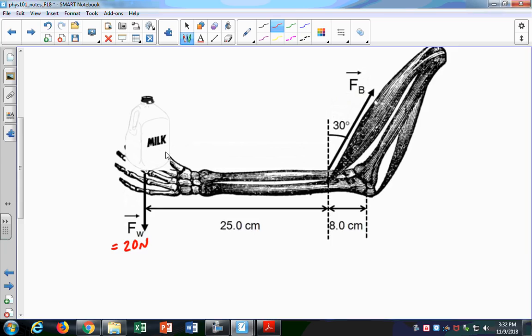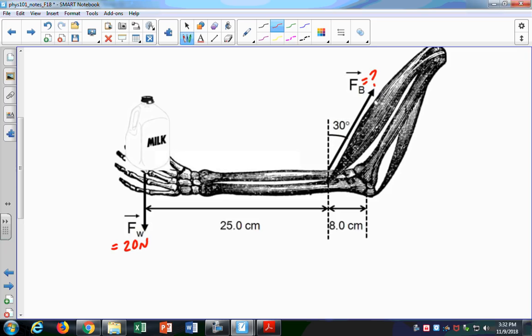And I want to know what must FB be, that is your bicep, in order to lift this carton of milk. Listen, the bicep forearm arrangement is a very inefficient lever system. What is it? A class 3 lever, I think.